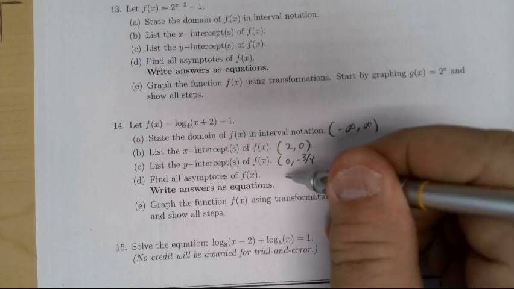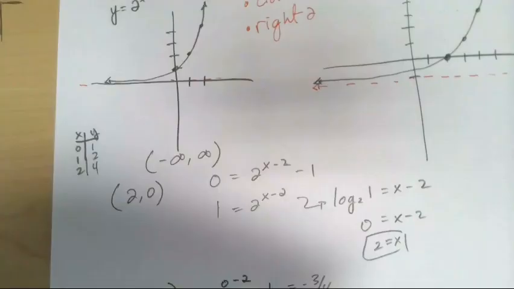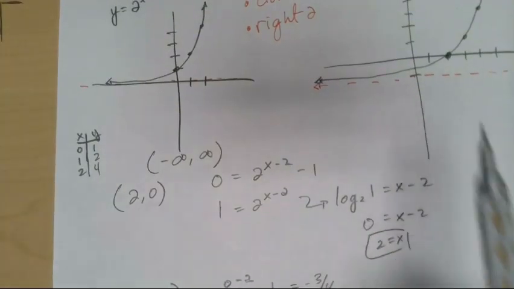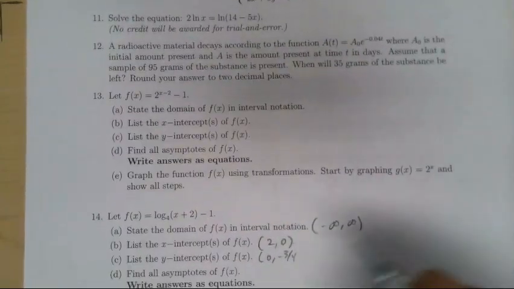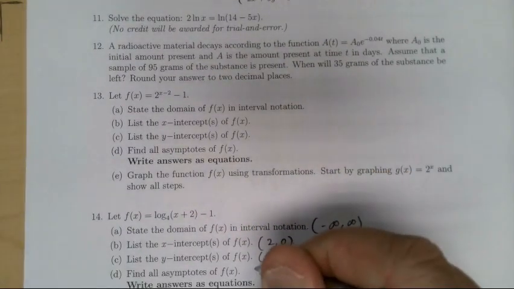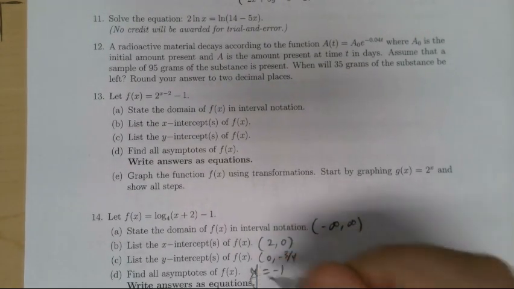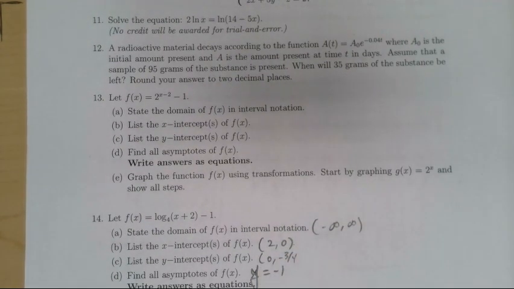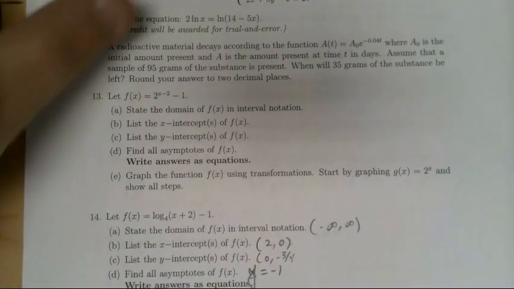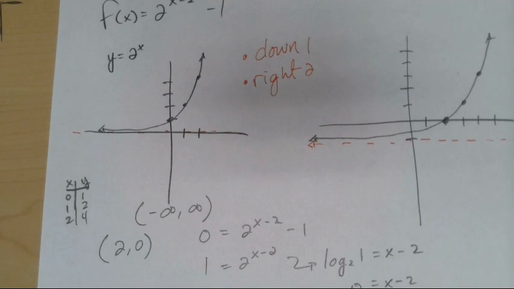The asymptote, well, it had an asymptote right there. Well, that's at negative 1. So more specifically, it's at y equals negative 1. Not x, y, because it's horizontal. A vertical asymptote will be x equals. And then graph the function using transformations. That's what I did right there. Okay.